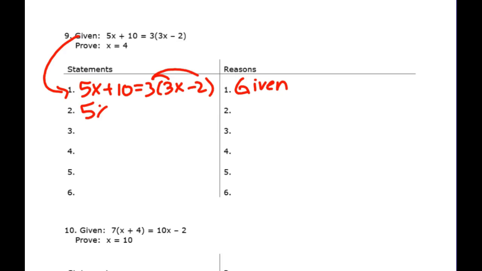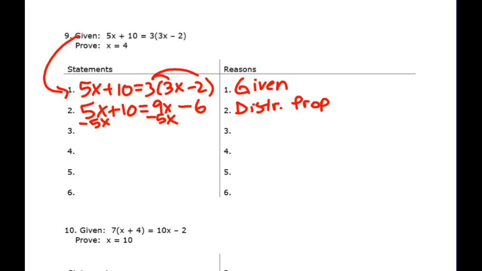So 5x plus 10 equals 3 times 3, 9x, 3 times negative 2, minus 6. That was the distributive property. Then I have x on both sides, so I'm going to need to get rid of the smaller x. So I'm going to do minus 5x, minus 5x. These cancel out. I bring down 10 equals 4x minus 6. And that's the subtraction property of equality.